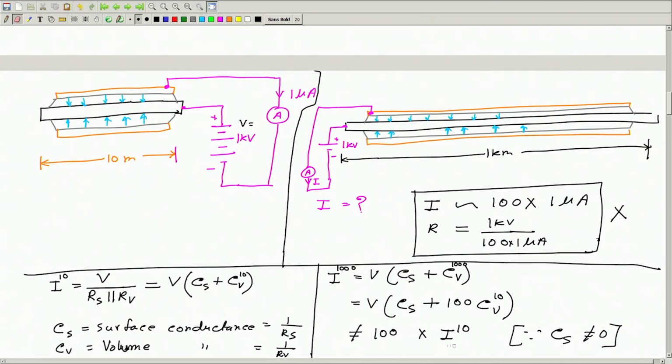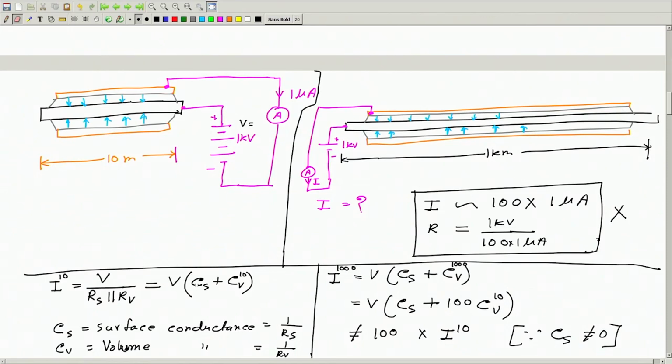Okay. But because of this Cs, this will not be 100 times of this, and this Cs you can possibly expect to be of the same value, because here also these two surfaces are almost similar to these two surfaces.